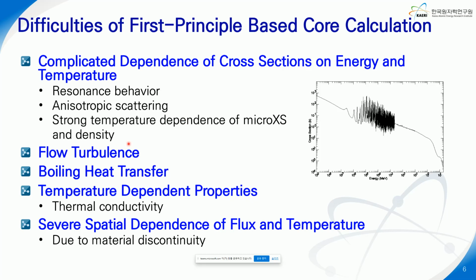The macroscopic cross-section is affected by temperature through the strong temperature dependence of microscopic cross-sections and material density. In coolant, flow turbulence and boiling heat transfer make it almost impractical to solve the Navier-Stokes equation as is.